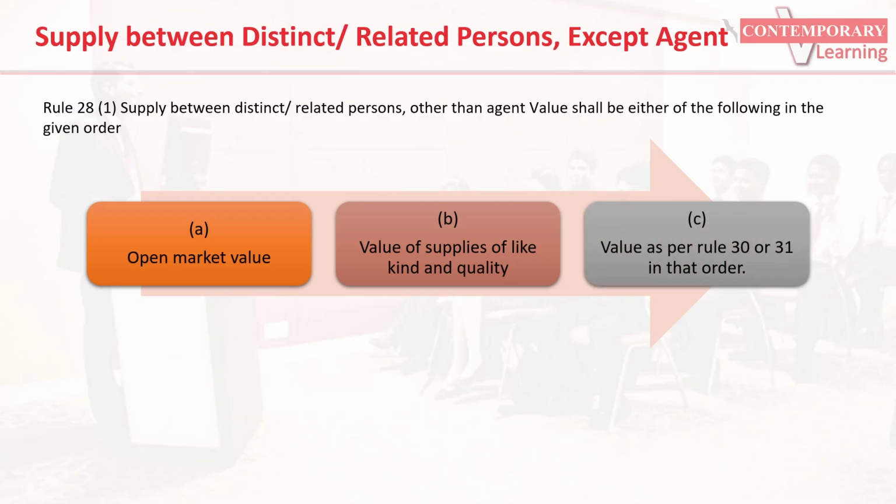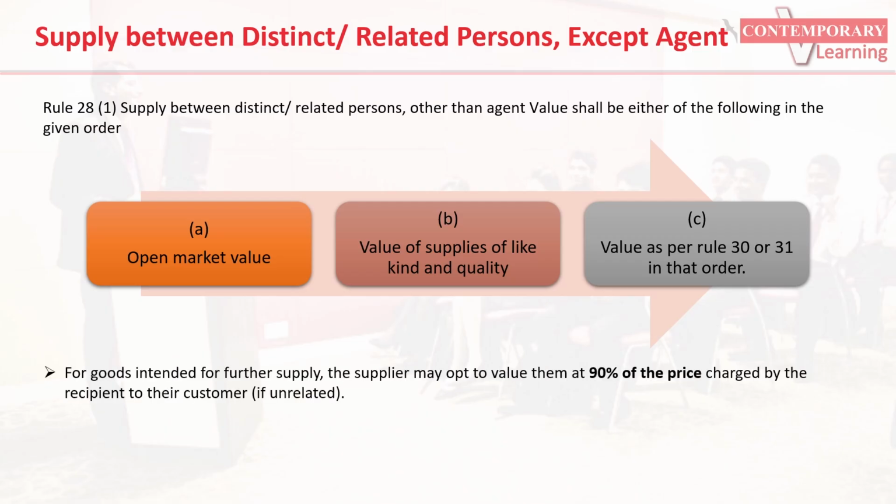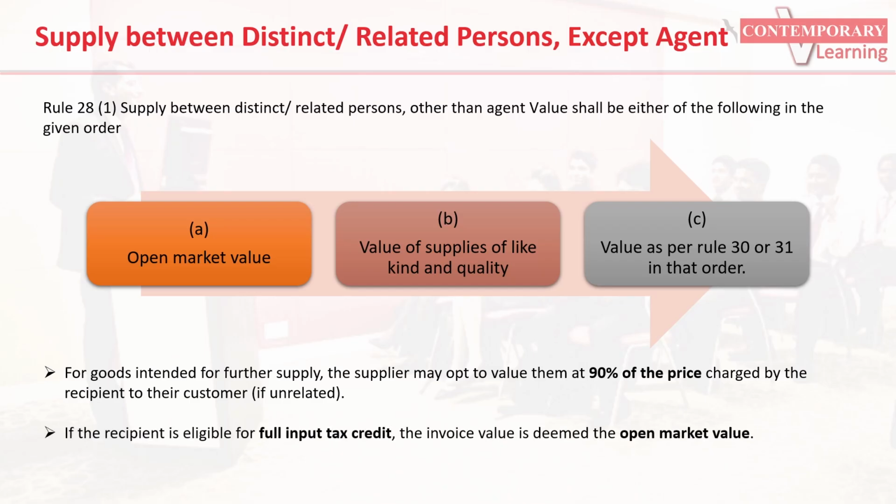There are special provisions too. For goods intended for further supply, the supplier may opt to value them at 90% of the price charged by the recipient to their unrelated customer. If the recipient is eligible for full input tax credit, the invoice value is deemed the open market value.